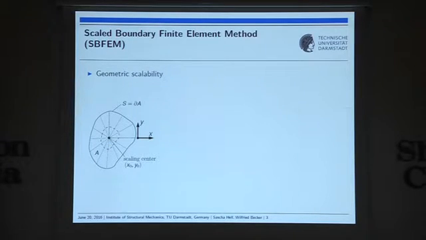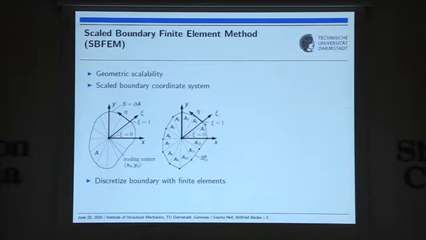And then in the next step, we can introduce a scaled boundary coordinate system with a scaling coordinate xi running from the scaling center to the boundary, and a boundary coordinate eta, which runs along the boundary. The next step is the crucial one for the method, because we only discretize the boundary with 1-dimensional finite elements, but consider the problem analytically in the scaling direction xi.